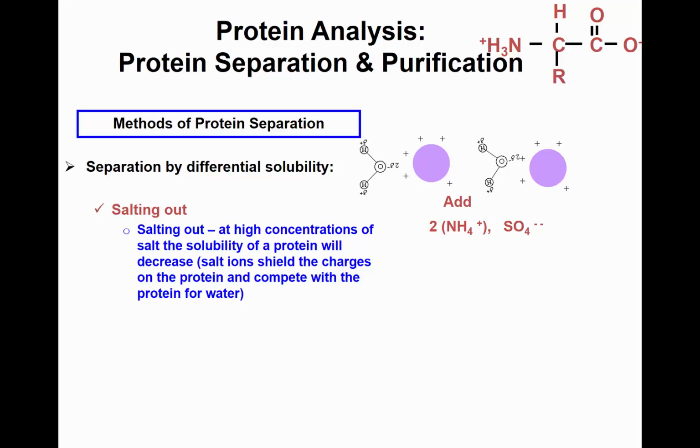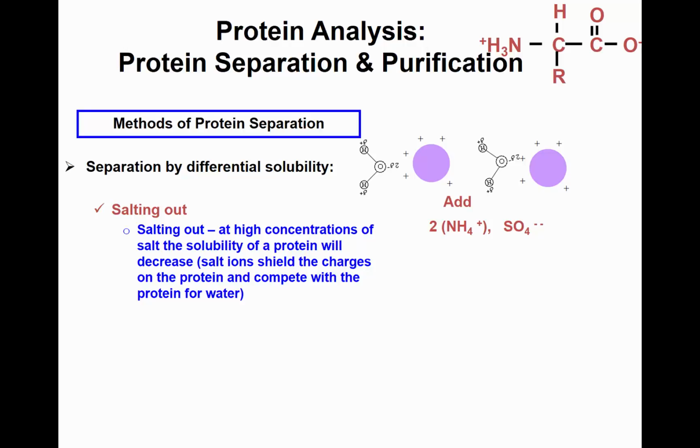Let's say this is an example of a protein, this purple dot here and purple dot here has a net positive charge. So your protein on the surface has a net positive charge.